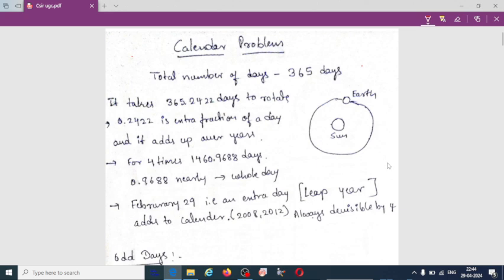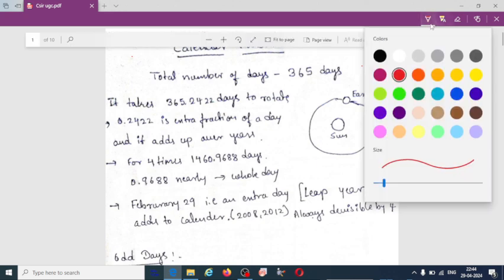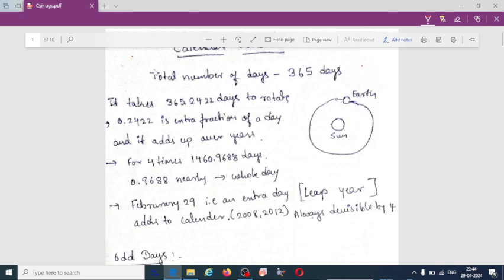First we should know how exactly there are 365 days in a year. Because the earth revolves around the sun in the solar system.